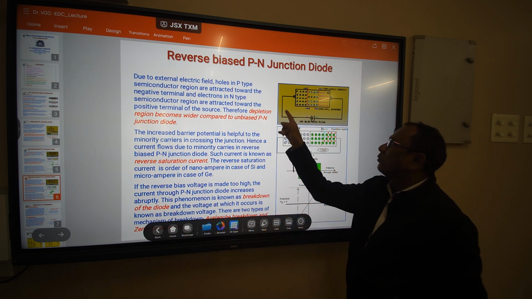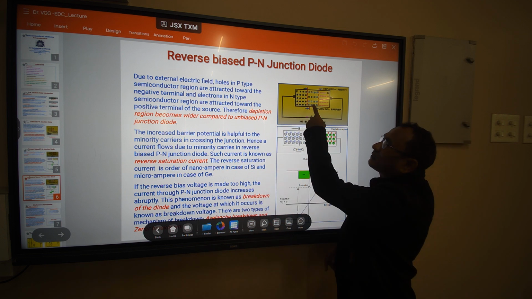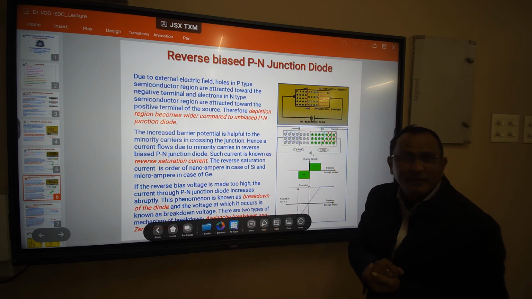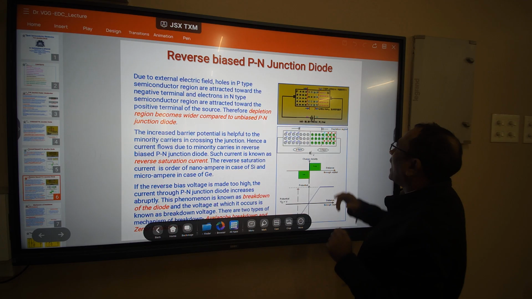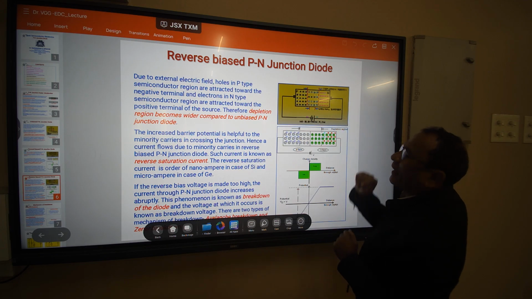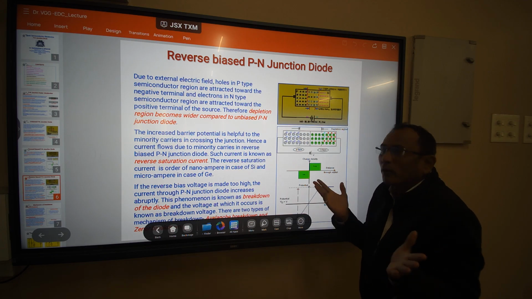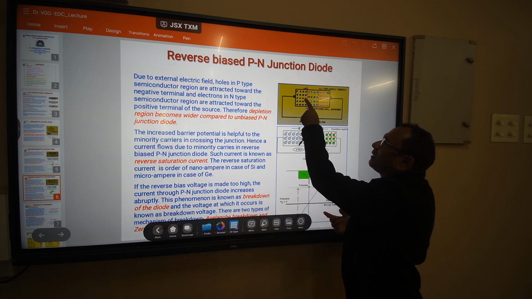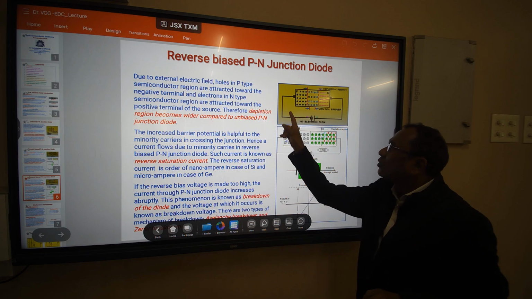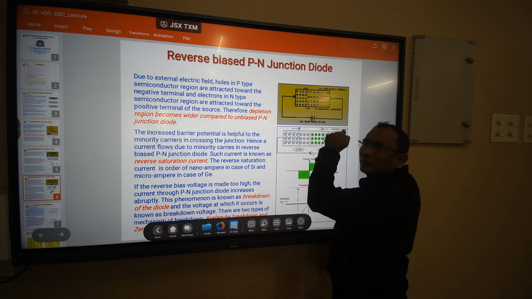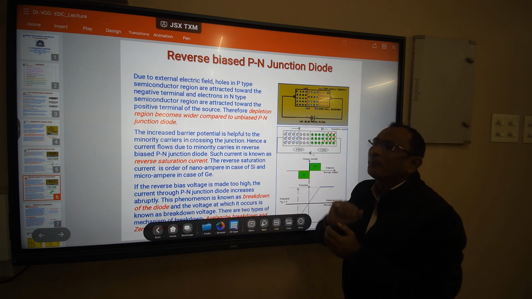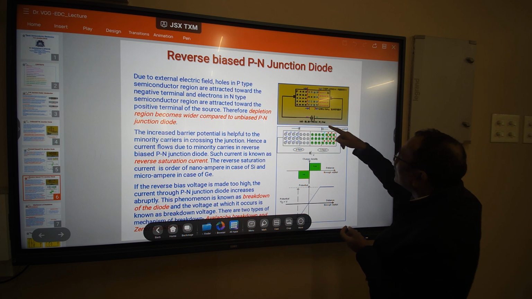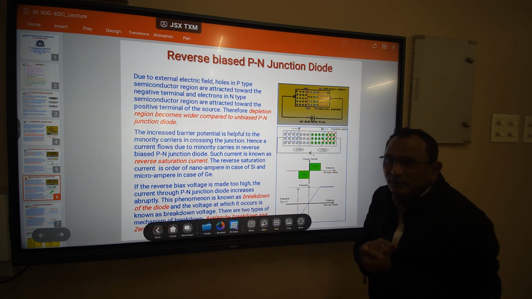See, the negative terminal is applied to the anode terminal, where very nearby holes, that is positive charges, are there, and the positive terminal is applied to the cathode. What will happen with this? The holes in the P-type semiconductor will be attracted to the negative terminal, and the electrons will be attracted to the positive terminal.